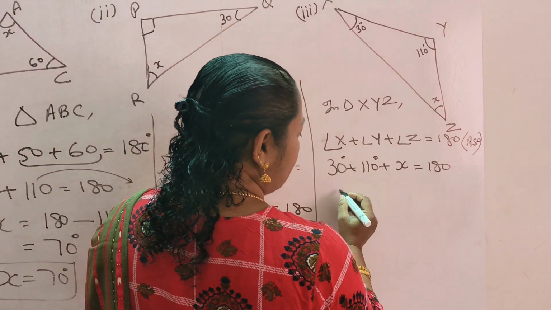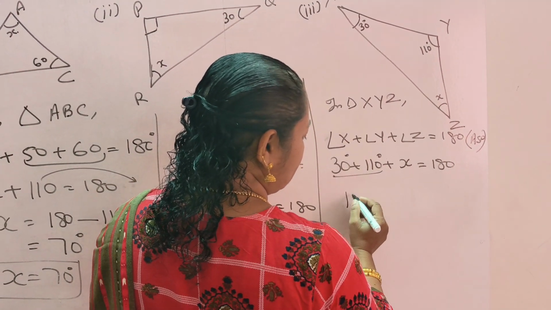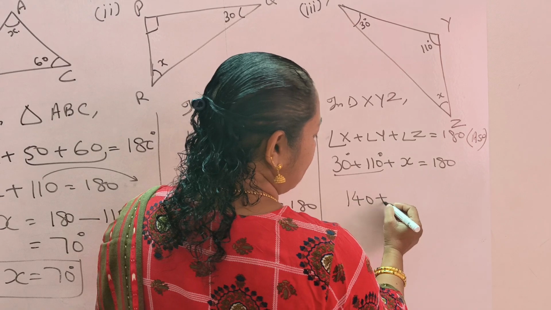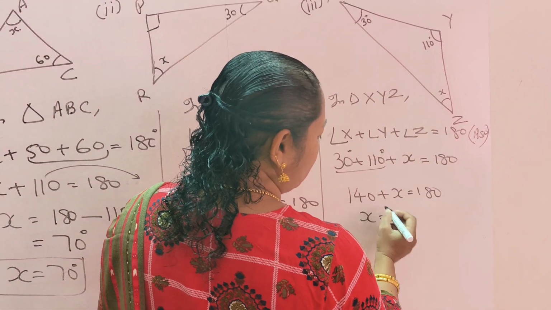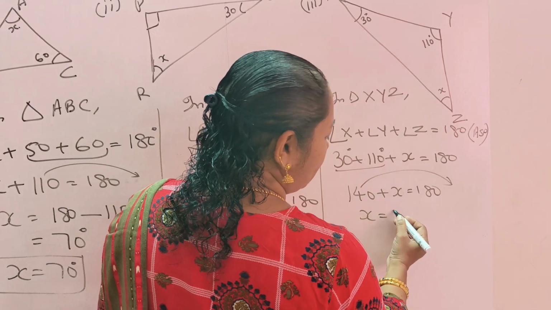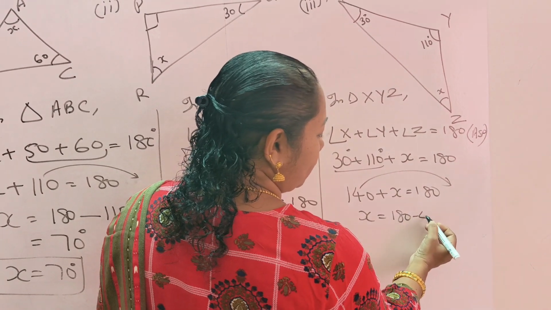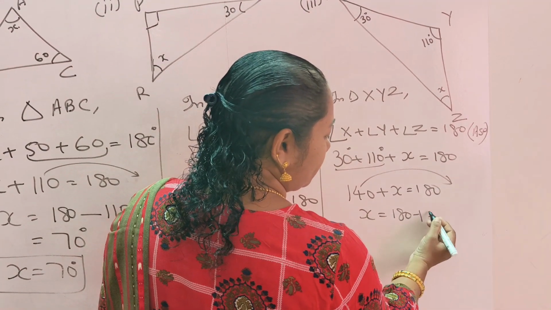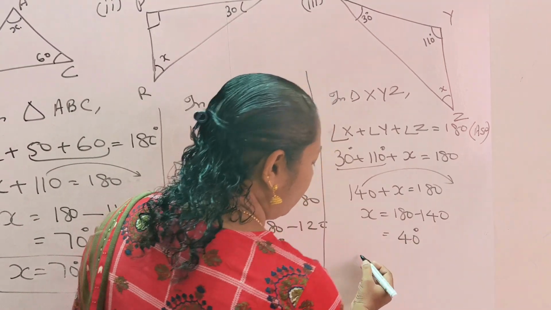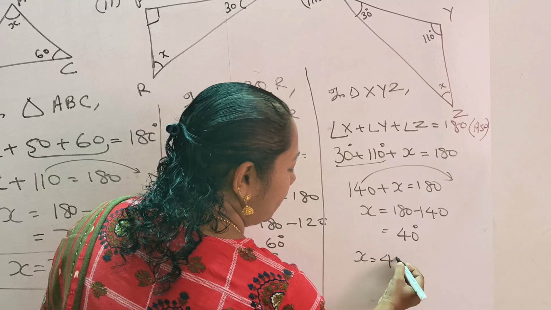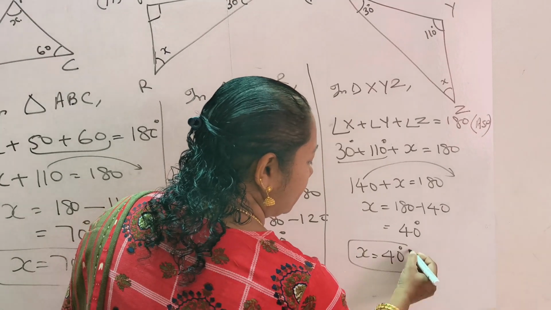That is 30 plus 110, that is 140, plus X is equal to 180. So X is equal to, 140 is going to this side, 180 minus 140, that is equal to 40 degrees.